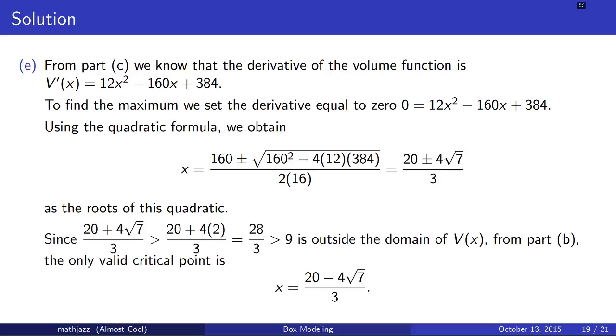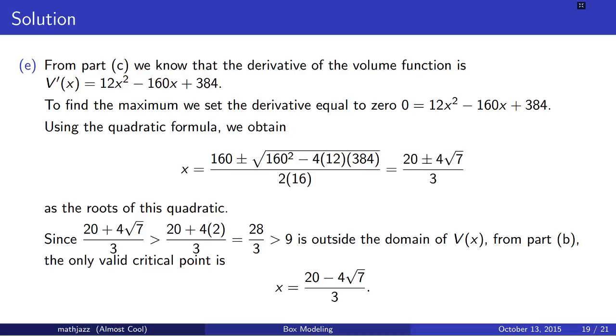Since 20 plus 4 times the square root of 7 over 3 is greater than 20 plus 4 times 2 over 3, because 7 is bigger than 4, so the square root of 7 is bigger than the square root of 4, and the square root of 4 is 2. So we know that 20 plus 4 times the square root of 7 over 3 is bigger than 20 plus 4 times 2 over 3, which is bigger than 28 over 3, which is bigger than 9, and the domain of the volume function was from 0 to 8.